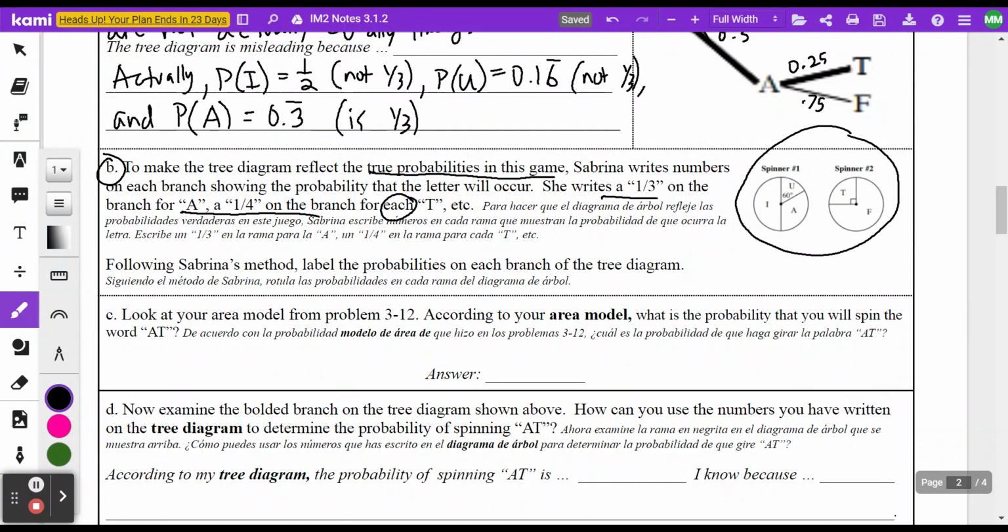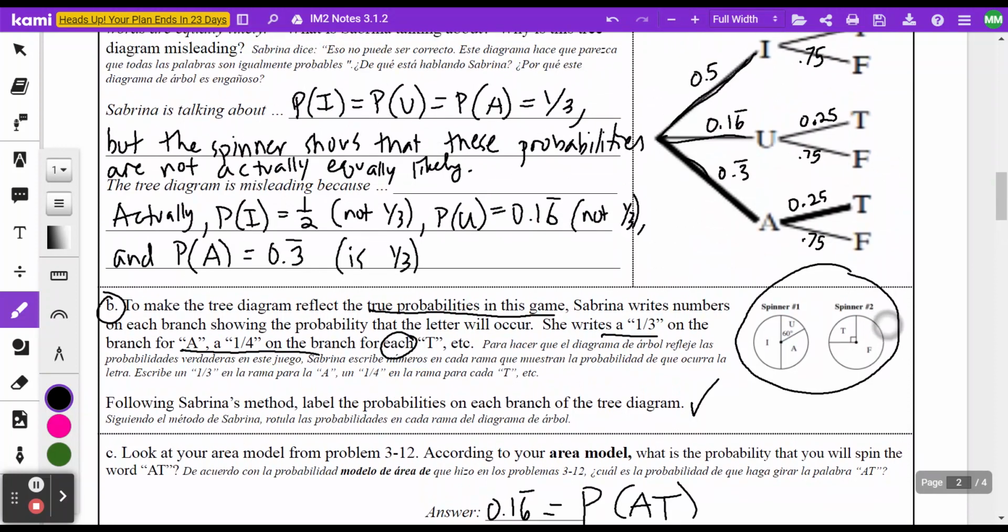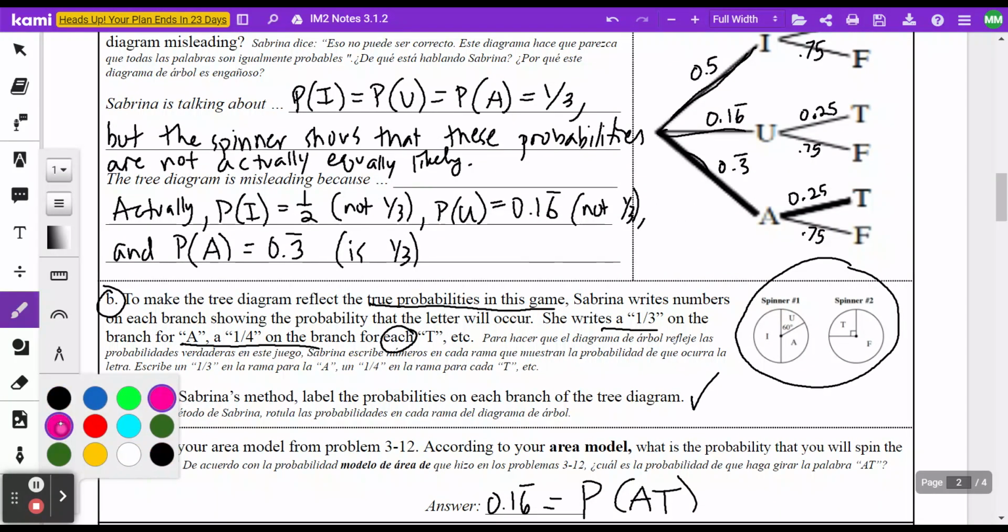Okay, following Sabrina's method, we labeled the probabilities on each diagram. Now we're going to look at our area model. According to our area model, the probability that we spun the word AT was 0.16 repeating. Let's use probability notation. That's the probability of AT. Now examine the branch on the tree diagram shown above. How can you use the numbers we have written on the tree diagram to determine the probability of spinning AT? Okay. AT is here.